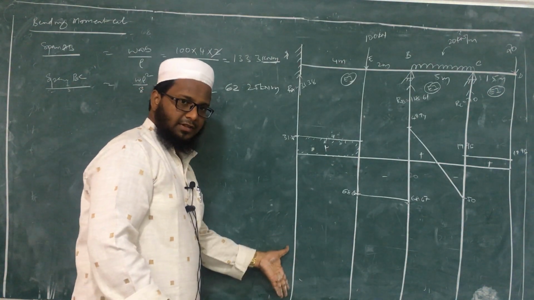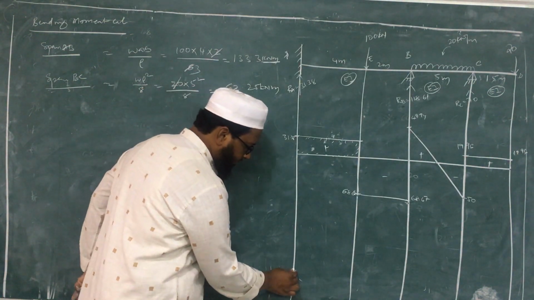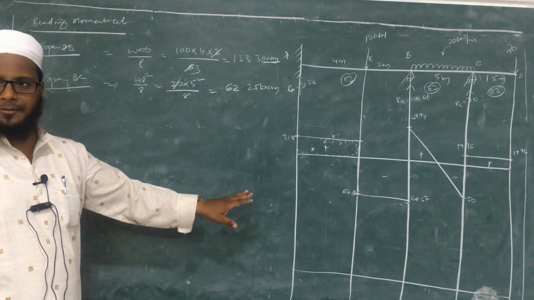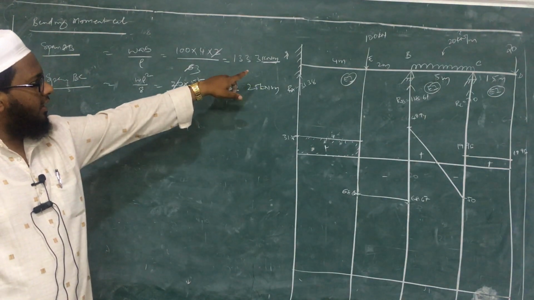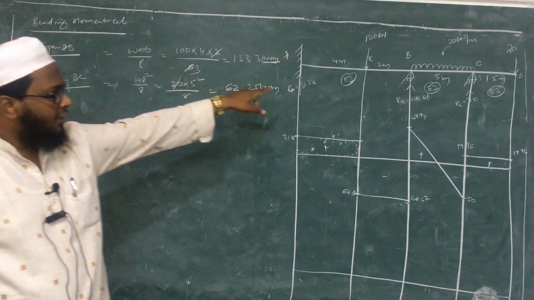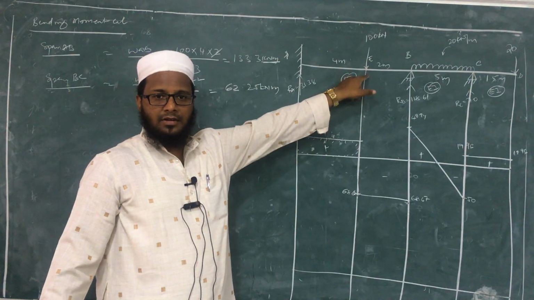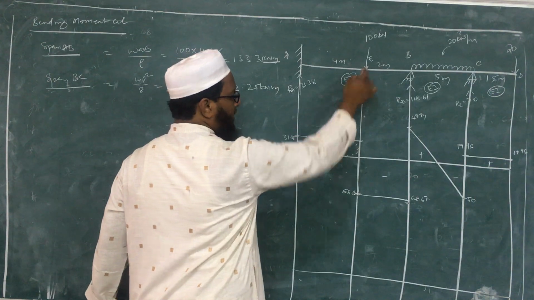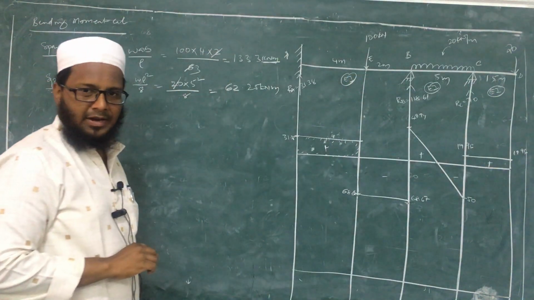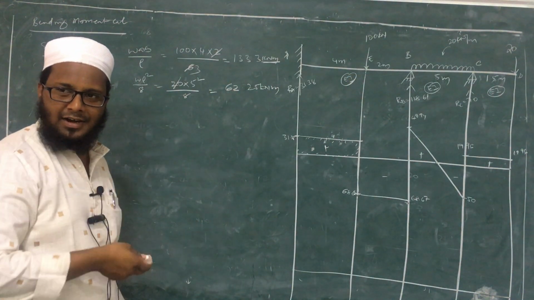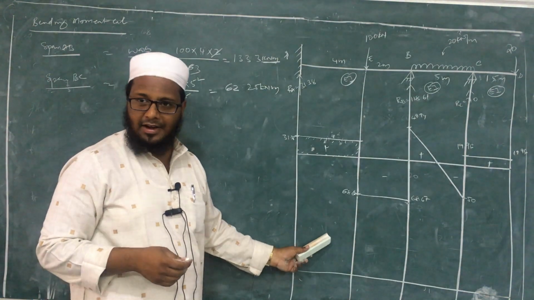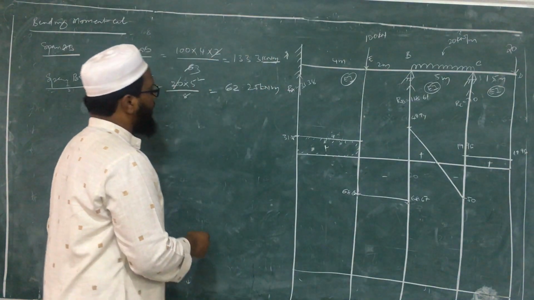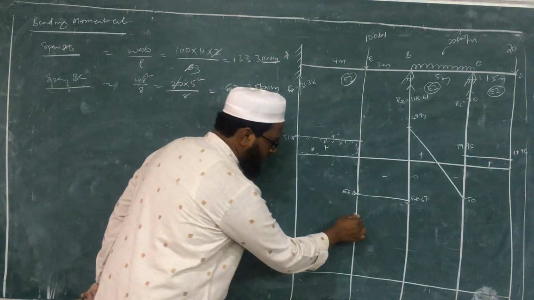The bottom portion is visible in the video. Right. First I will draw the diagram for bending moment. How will the diagram go for this one? Is it a parabola or an inclined line? For this one it will be an inclined line, whereas for this one it will be a parabola. So it is 133.33, somewhere here.